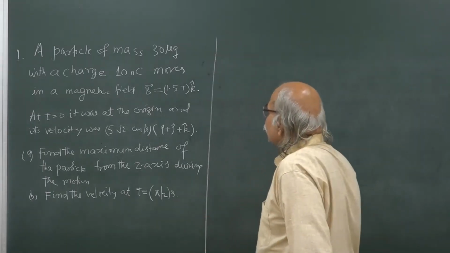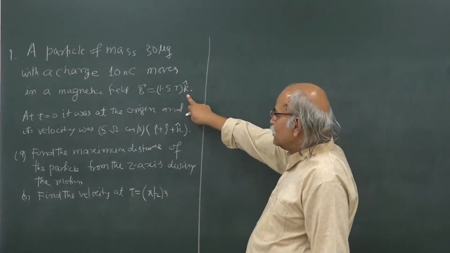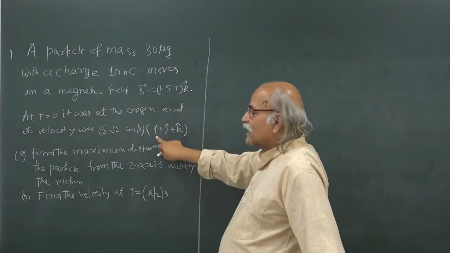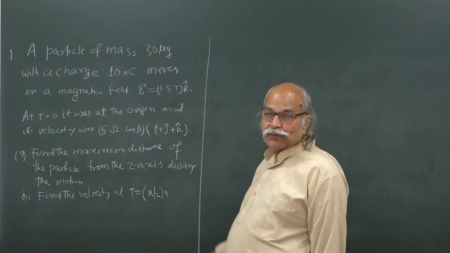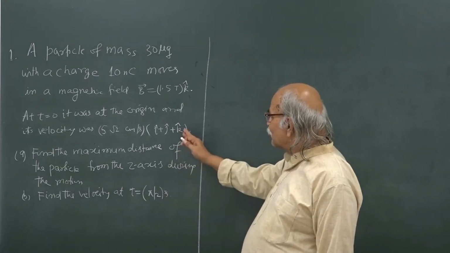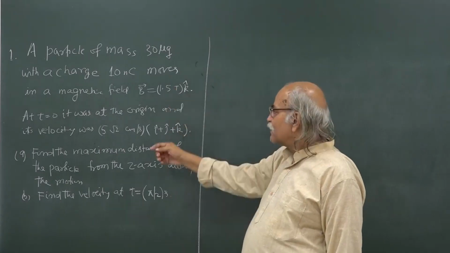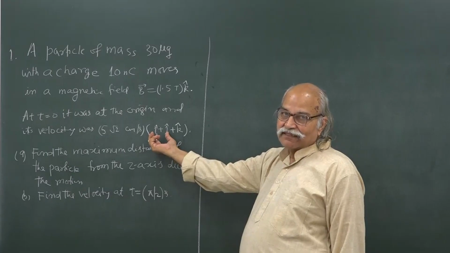The magnetic field is in z direction and initial velocity has all three components i cap, j cap and k cap. So, it has a component parallel to the magnetic field and other part which is perpendicular to the magnetic field.